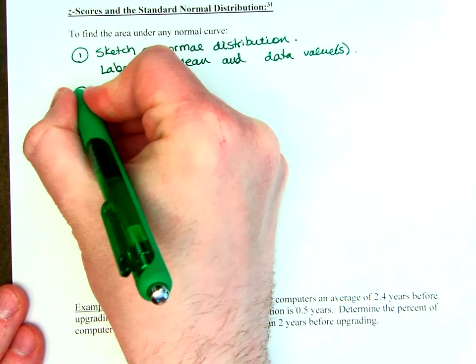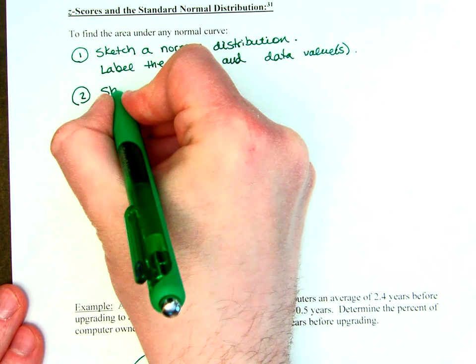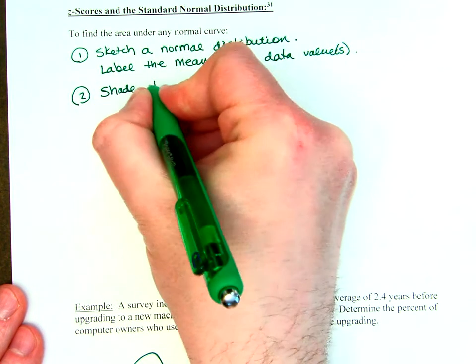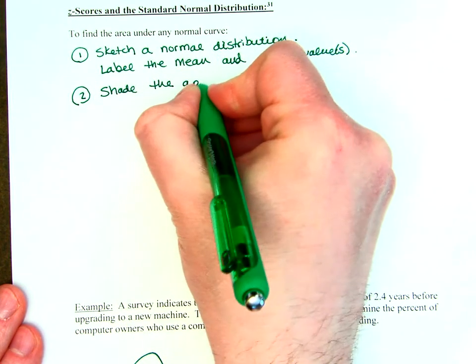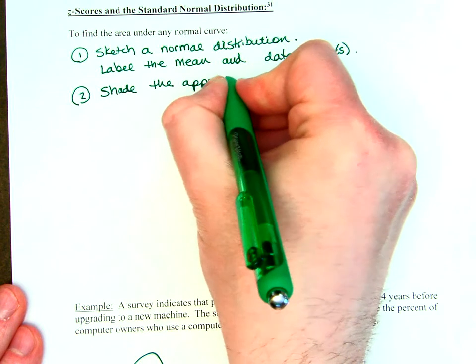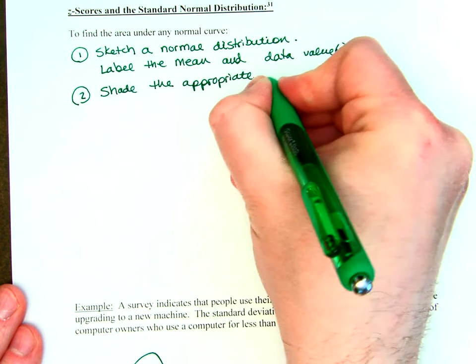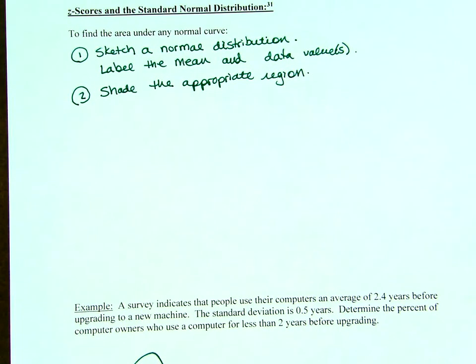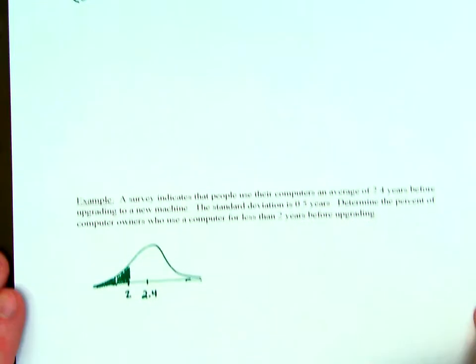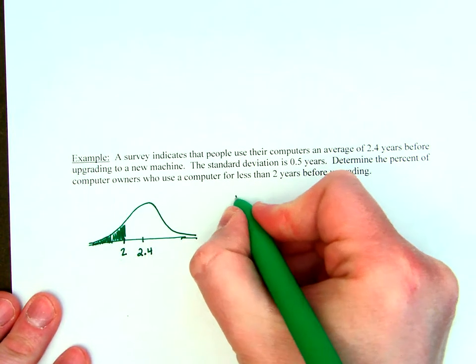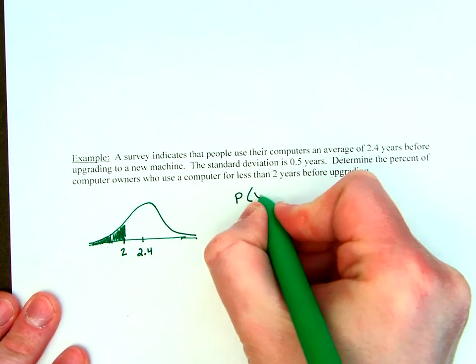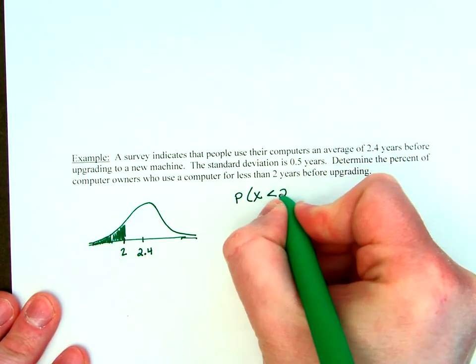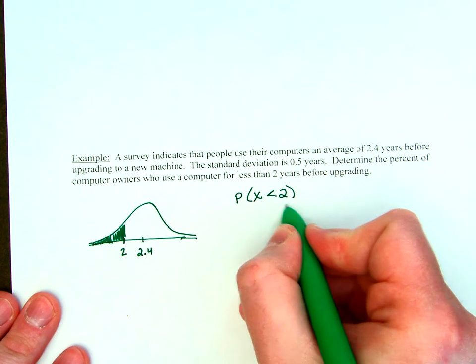Step number 2, I'm going to shade the appropriate region. I want to figure out the percent of people who own a computer less than 2 years before they upgrade. I want to find the percent of people who own a computer less than 2 years.